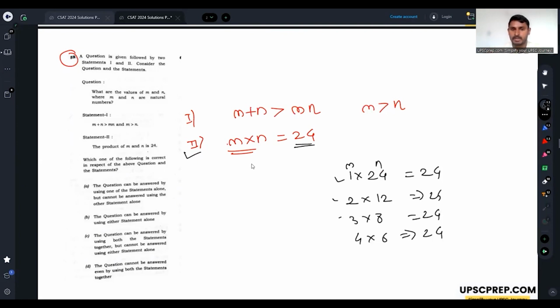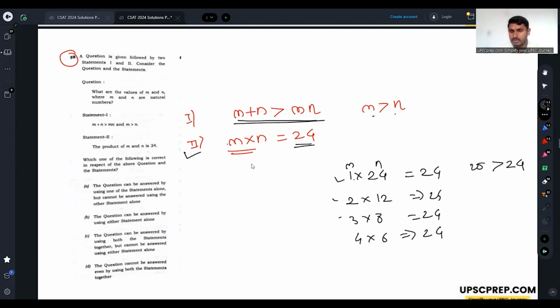But if you use statement 1, what does it say? m should be greater than n first. So the value of m should be greater than n. And the other thing is m plus n should be greater than m into n. So if I just add these numbers, m plus n here will be 25, which is greater than 24. But in no other possible case. If you see here, 12 into 2 will be 24, right?